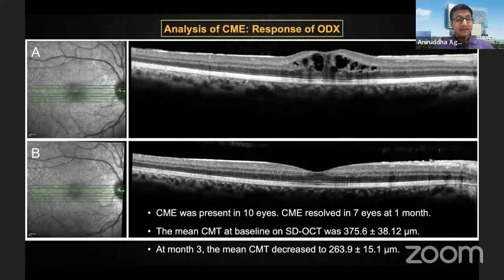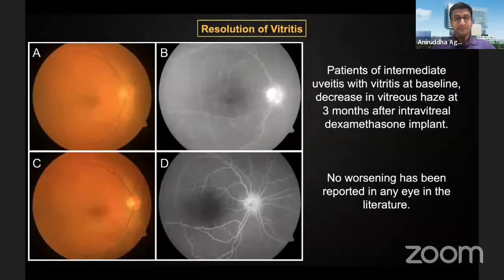Now, local Ozurdex, or an intravitreal implant of dexamethasone, can be very easily used in patients with cystoid macular edema. So if you have an intermediate uveitis, the POINT trial has shown that intravitreal dexamethasone works as well as intravitreal triamcinolone acetonide. I usually prefer Ozurdex because it's more predictable, less dosage, and the IOP response is more manageable.